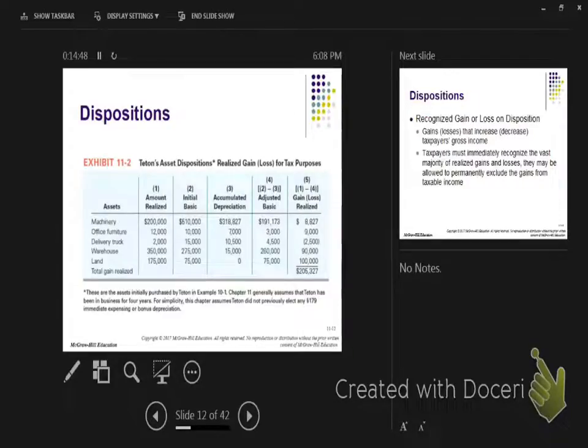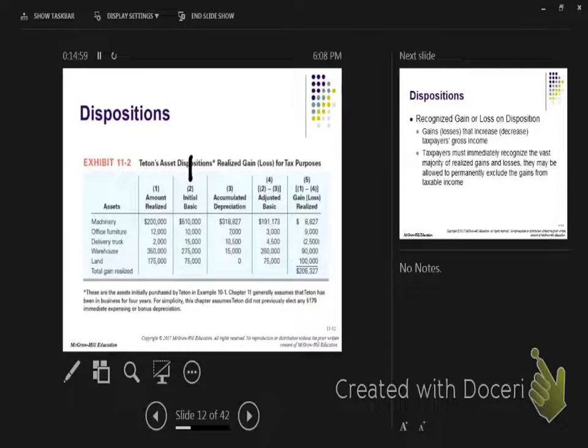Okay, so here's just a little example. This is in your book. This Tetons asset example is actually from chapter 10. Notice when you're going through this, they have five different things: machinery, land, office equipment. They go through what they have as the amount realized, and then they have your initial basis and your accumulated depreciation.